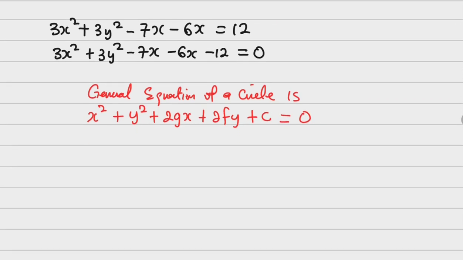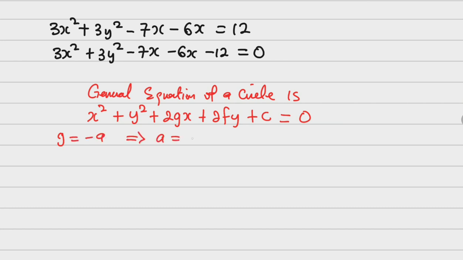Now, why I'm doing this is because I want to get my center and radius. And how do I get my center and radius? I know that g is equals to minus a, which implies that a is equals to minus g. So I know that f is equals to minus b, which still means that b is equals to minus f. So if I can get my g and f, then I have my a and b.